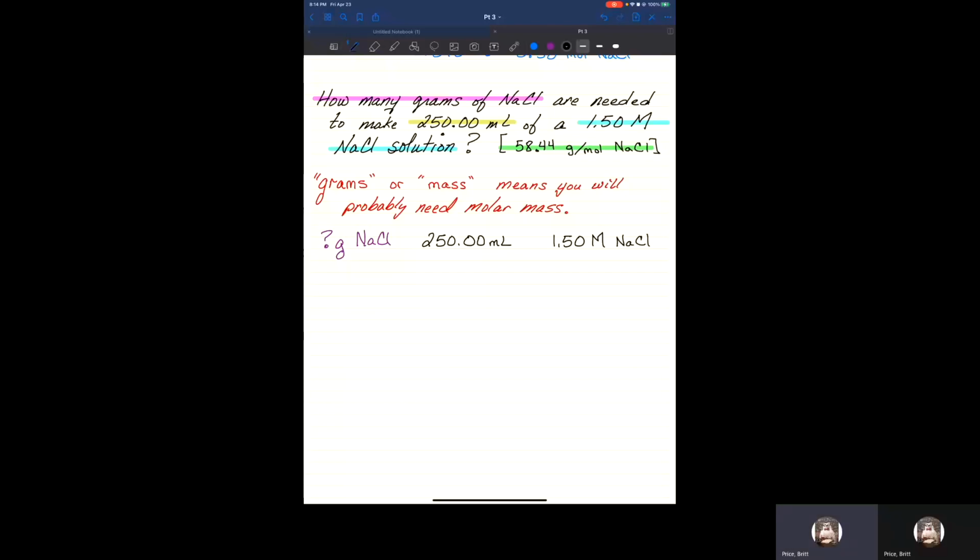And the last piece, I have 58.44 grams/mole NaCl. In my mind, this makes sense. And I apologize if all of a sudden I took you off the rails.